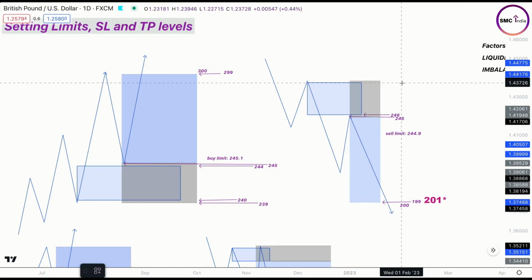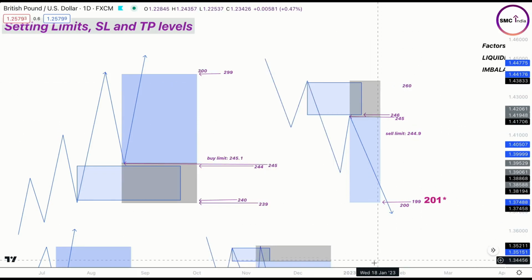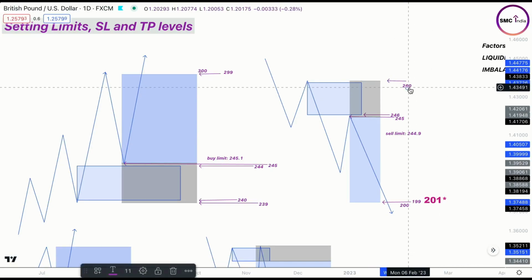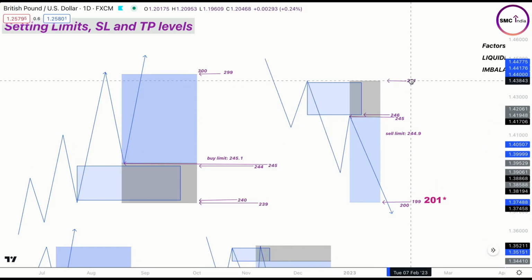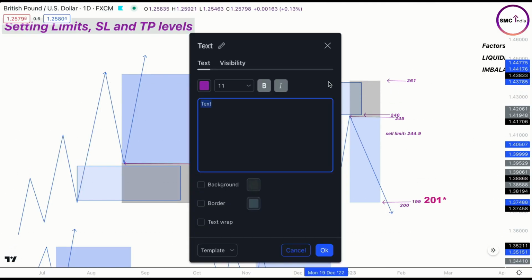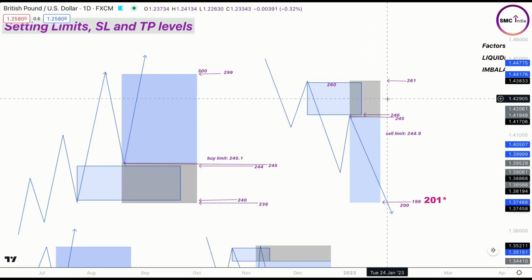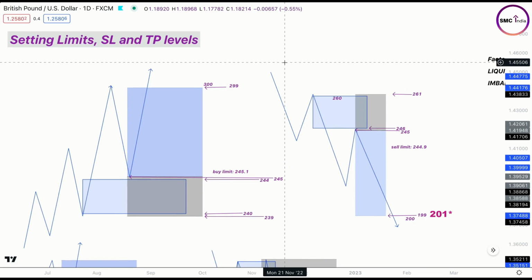Suppose the stop loss here at the order block is 260. Here at the order block, the price is 260. And what you do as a trader, place your stop loss slightly above the psychological price, that is at 261. So this is how you should place your limits, stop losses, take profit levels.